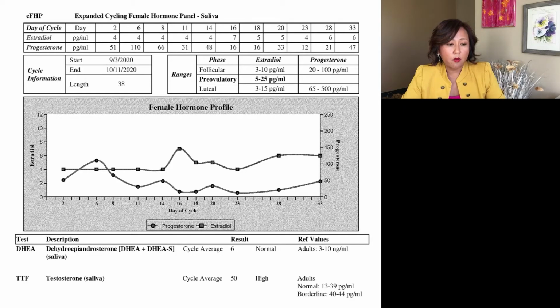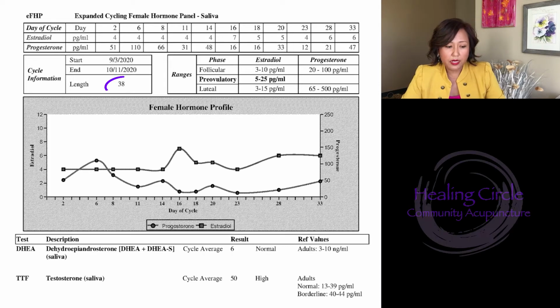her cycle length was 38 days. Her progesterone level, if you look from day 16 to day 33, is really on the low side. She was registering 16 on day 16, 18 on day 18. She was also spitting out 16 on day 20, 33 on day 23, 12 on day 28, 21, and then on day 33, she was spitting 47.